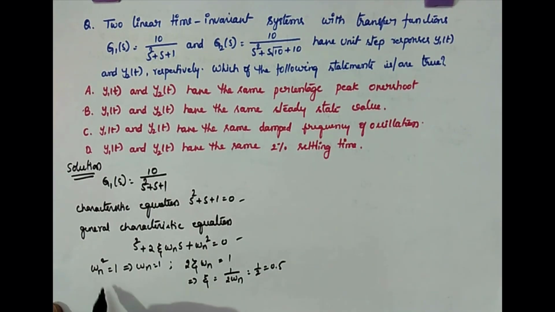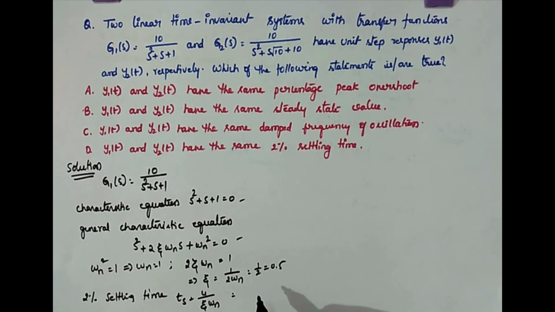Then the 2% settling time Ts is equal to 4/(δωn), that is 4/(0.5 × 1). So that is 8 seconds.